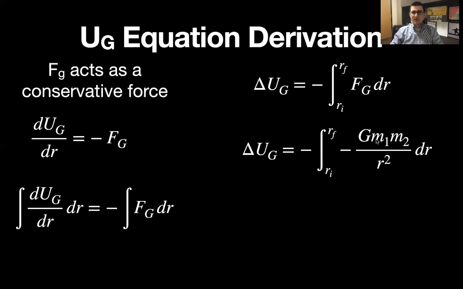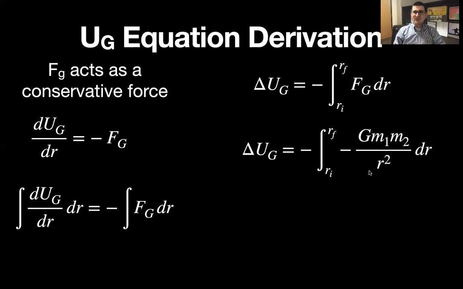Then I can substitute in our universal gravitational force equation, G m m over r squared. You'll notice that we have the negative over here from how we define the derivative of the gravitational potential energy function, and then the negative over here for the force.